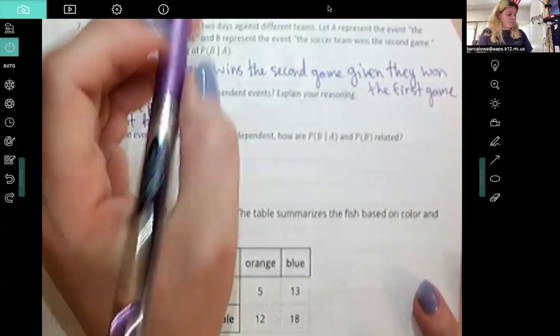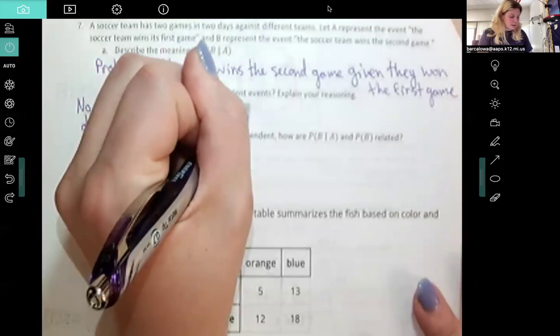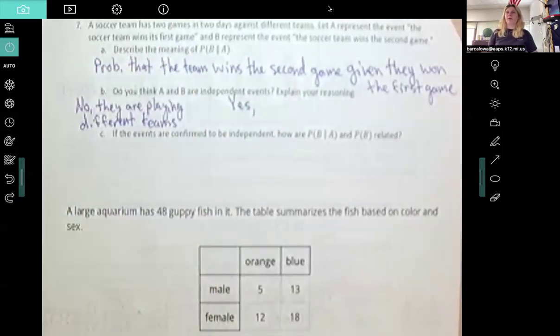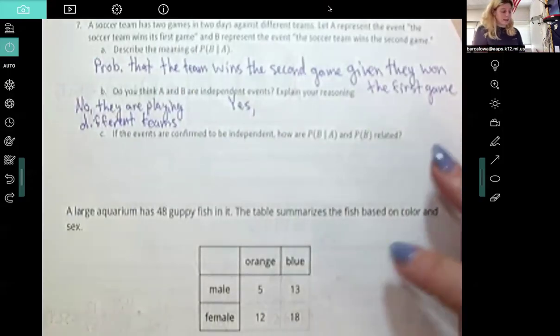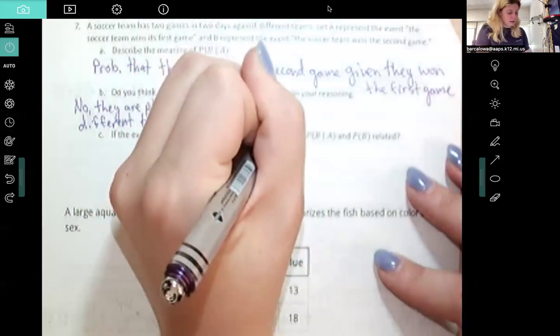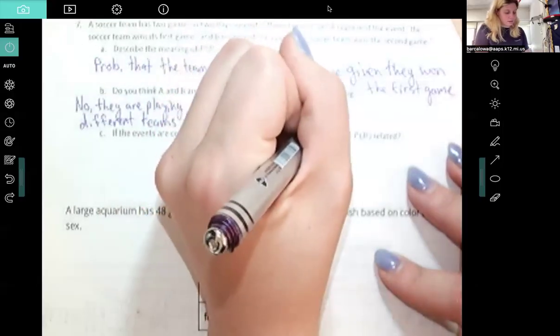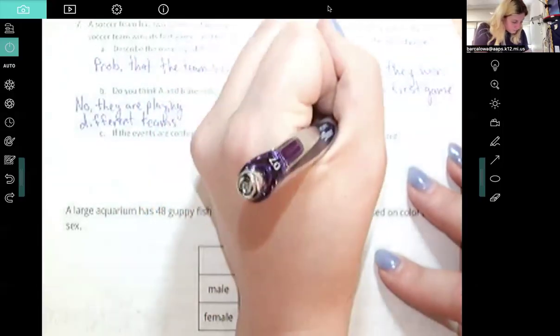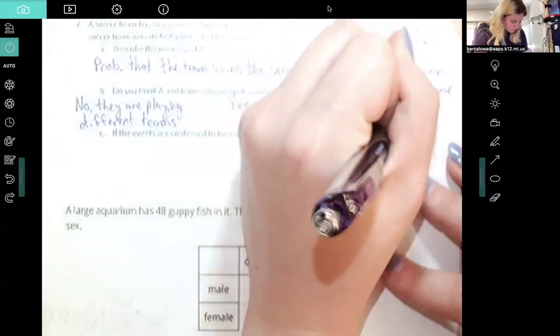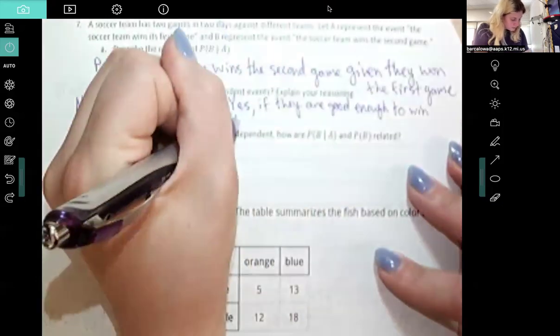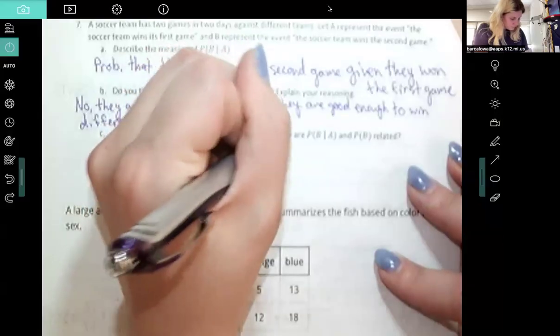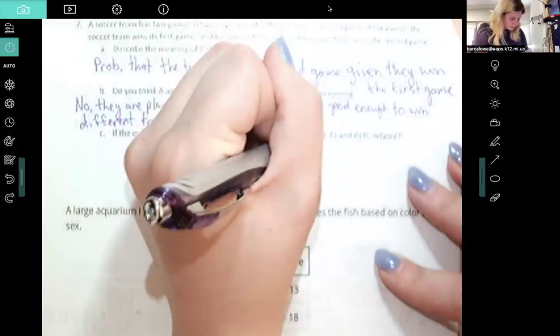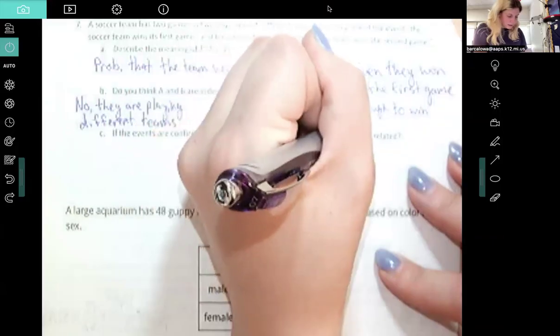But maybe you're sitting there saying, Miss B, yes, they are related, because if they're good enough to win the first game, then maybe there's a better likelihood they win the second game. They may be more likely to win the second.